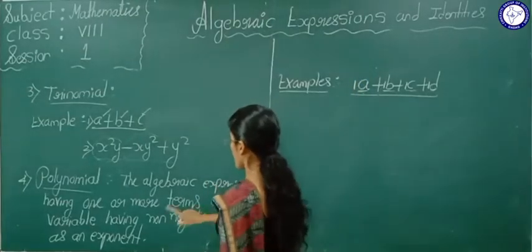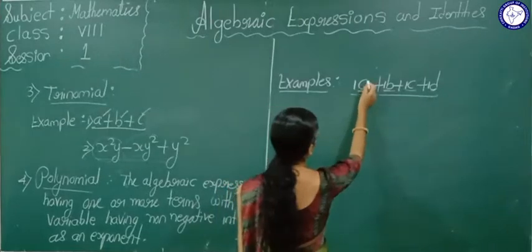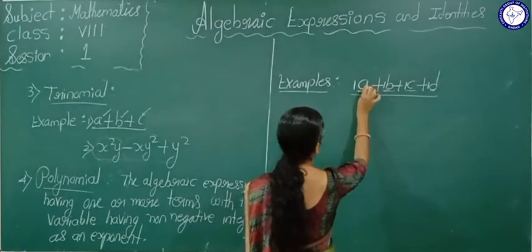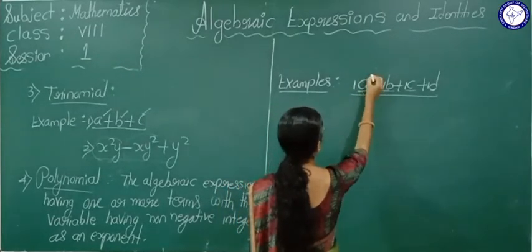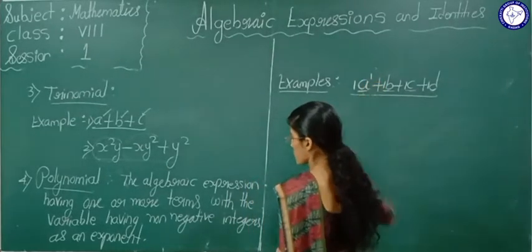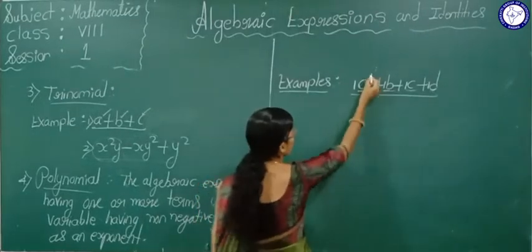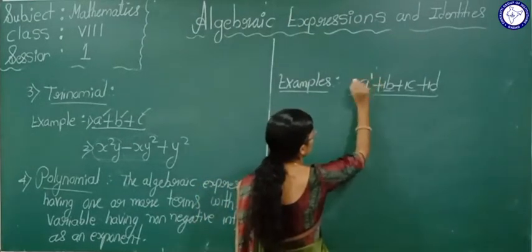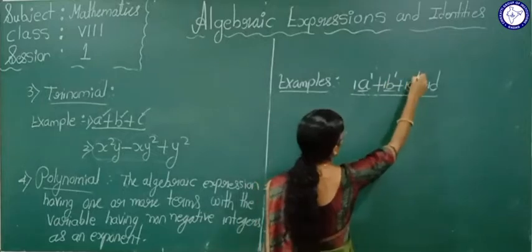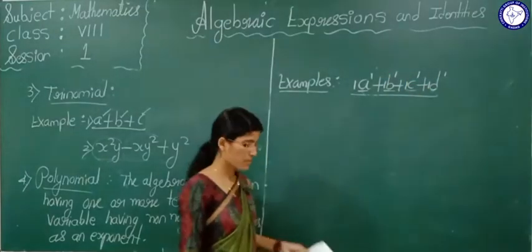Now the variable should have non-negative integers as exponents. See here, A is a variable, and its power is 1. It should be a non-negative integer, means it should be a whole number. Here A power is 1, B power is 1, C power is 1, D power is 1. These all are whole numbers only.